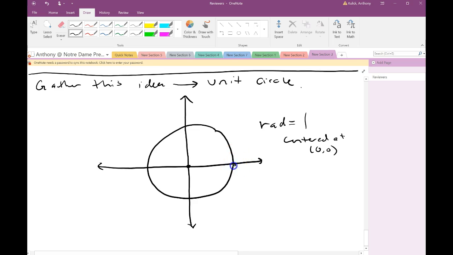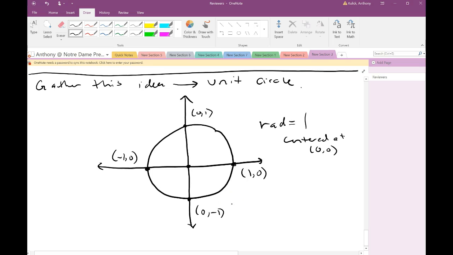So if the radius is 1, I can right away label some points on this unit circle. For example, this point here is the point 1, 0. This point up here is 0, 1, negative 1, 0, 0, negative 1.